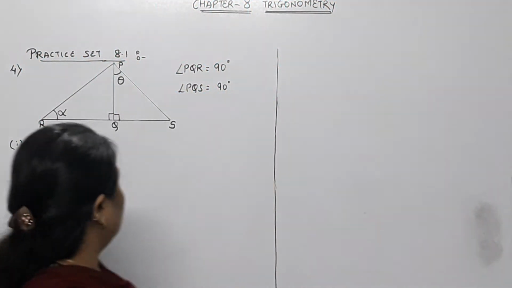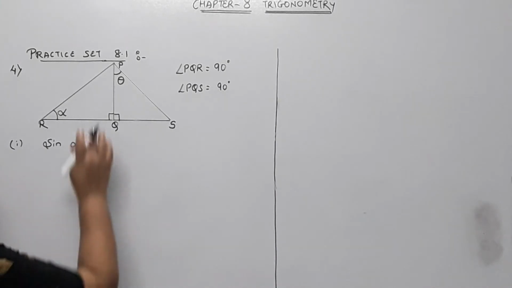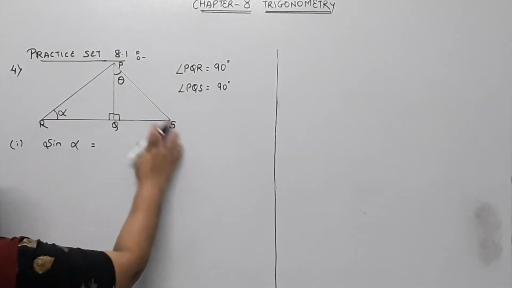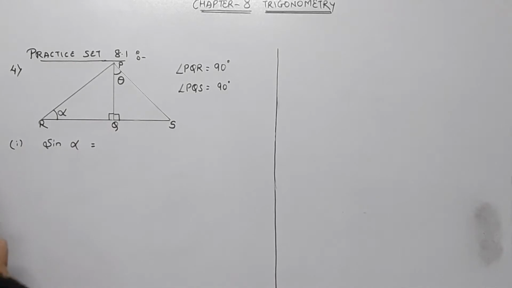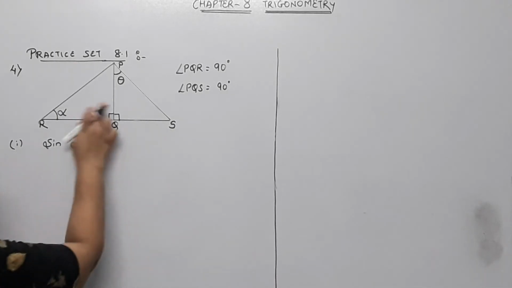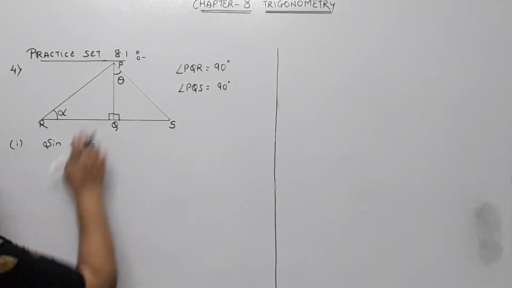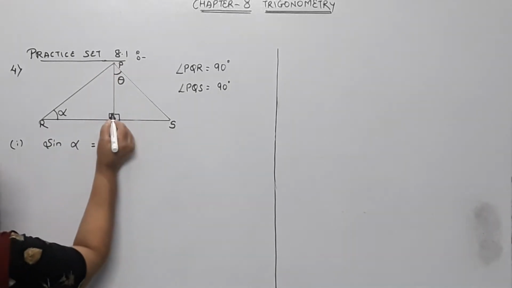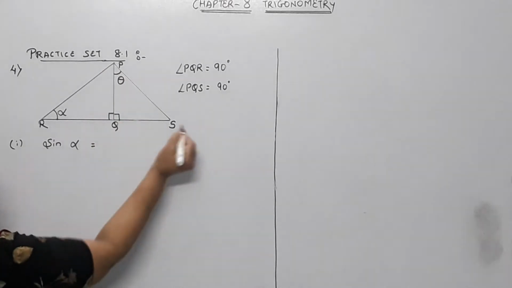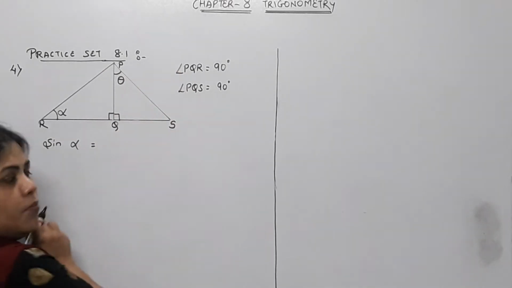Now see the fourth sum, in which in triangle PRS, PQ is perpendicular to RS. This way we are getting two triangles. One is PQR, another one is PQS. So angle PQR is 90 degree. Also angle PQS is 90 degree, that is given to us.